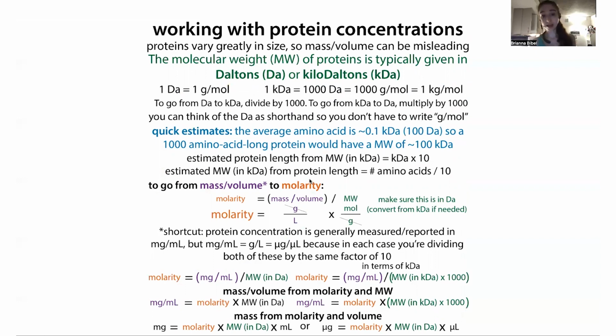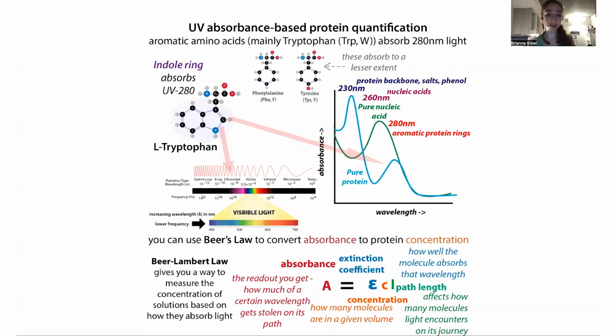Once we have that exact molecular weight, we can do a lot of things with it based on what we know. Often, what we know is going to be the mass to volume. You might be able to calculate this using something like a Bradford assay or based on its UV absorption. These are going to give you mgs per mil.